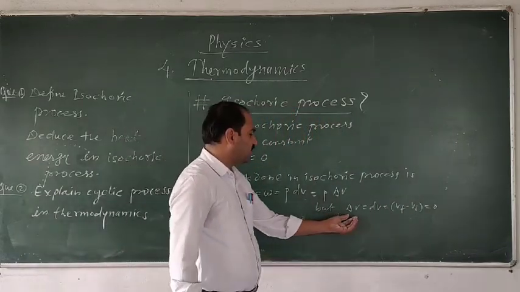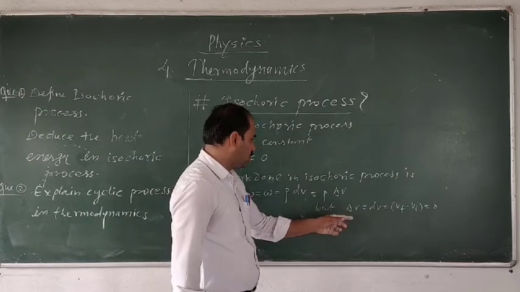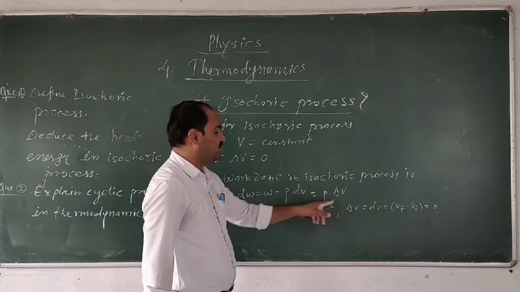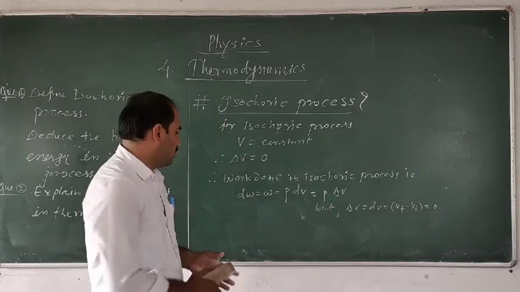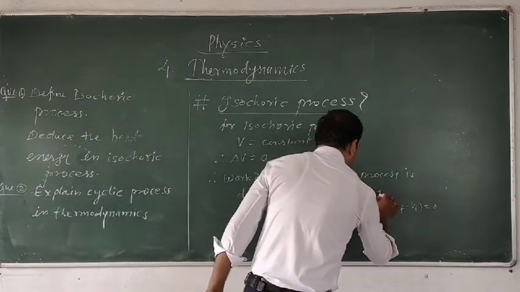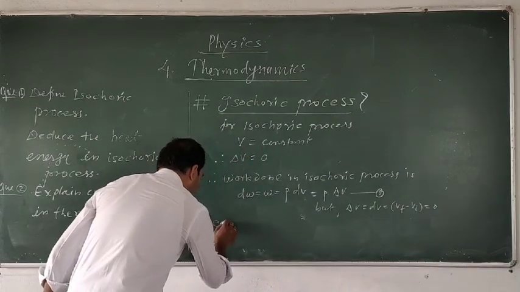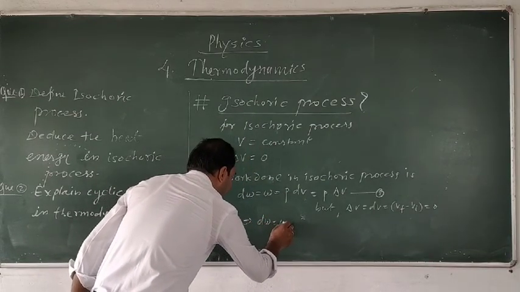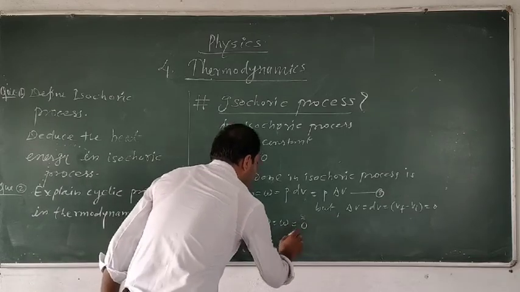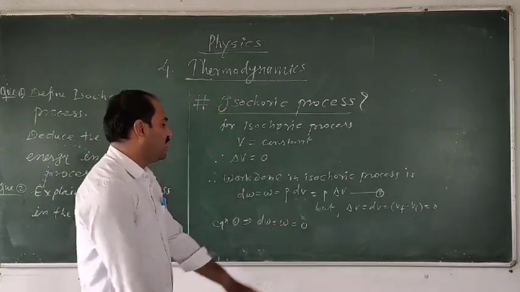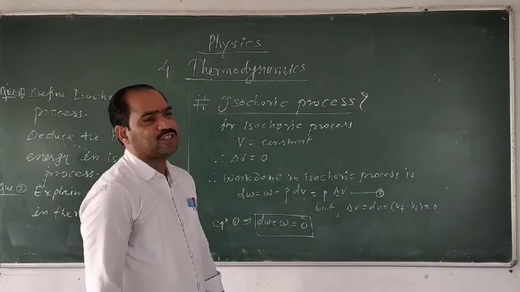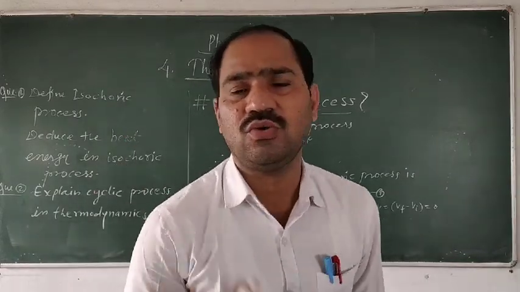As the change in the volume of the system is equal to 0, this expression delta V or dV becomes 0. Therefore, in this equation number 1, dW or W becomes equal to 0. Therefore, the work done in the isochoric process is equal to 0.